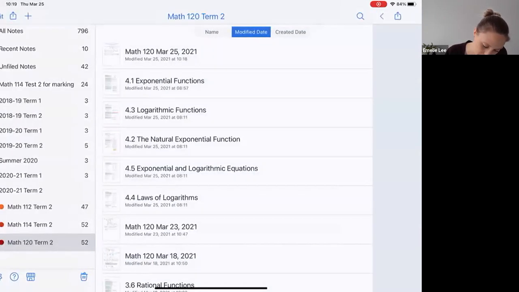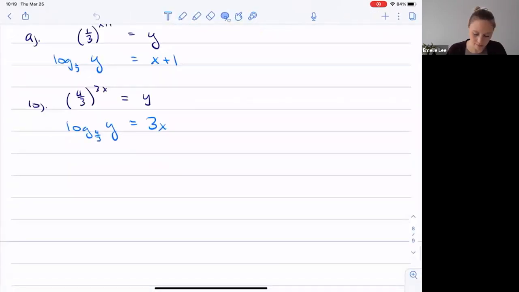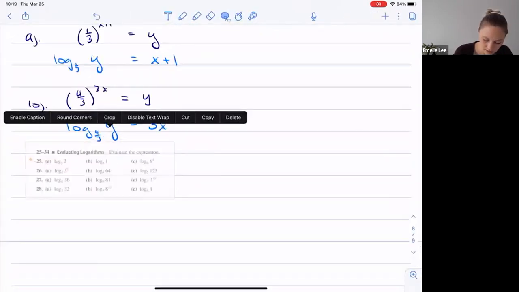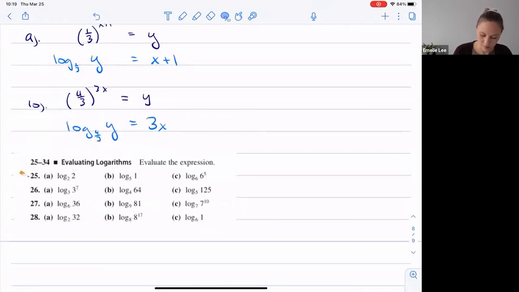Let's evaluate these logarithms. So I want to practice the other way by rewriting it as an exponent.